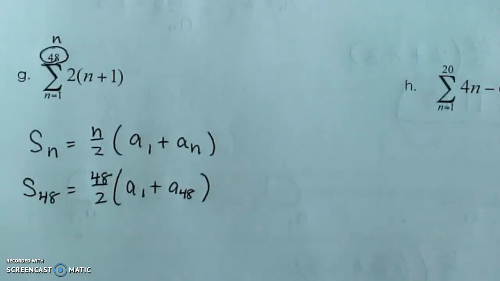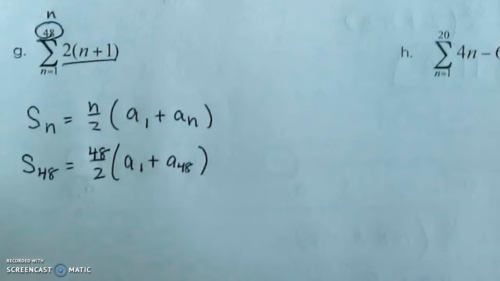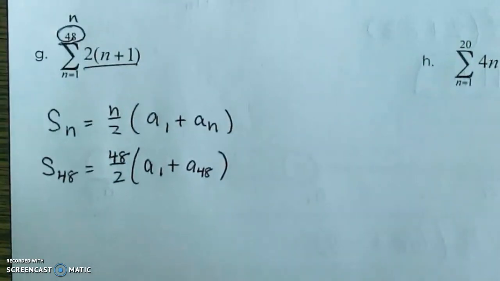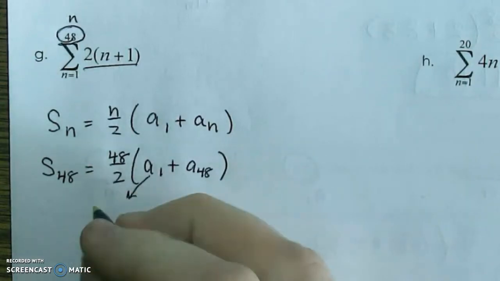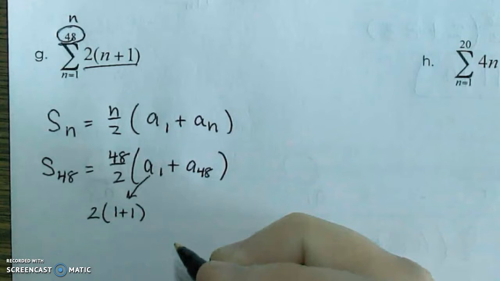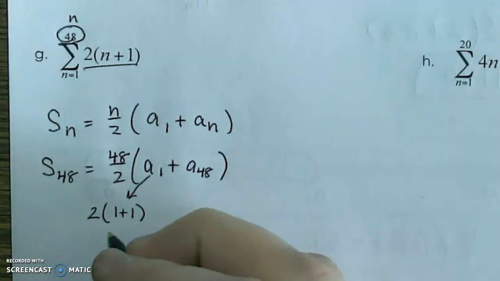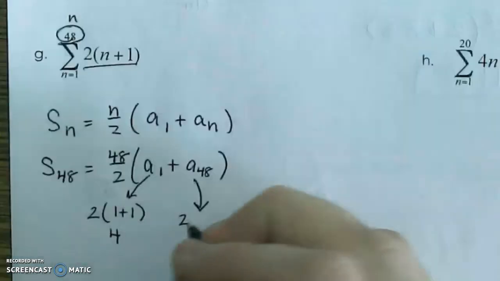To find A1 and A48, we just need to look at the rule given to us and plug in those numbers. So to find A1, we are just plugging in 1 into the equation. So that'd be 2 times 1 plus 1, which is 4. A sub 48, we plug 48 into the equation.